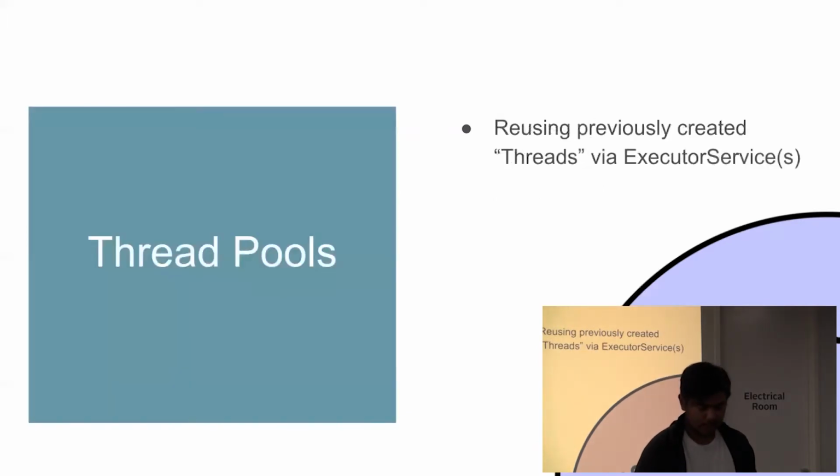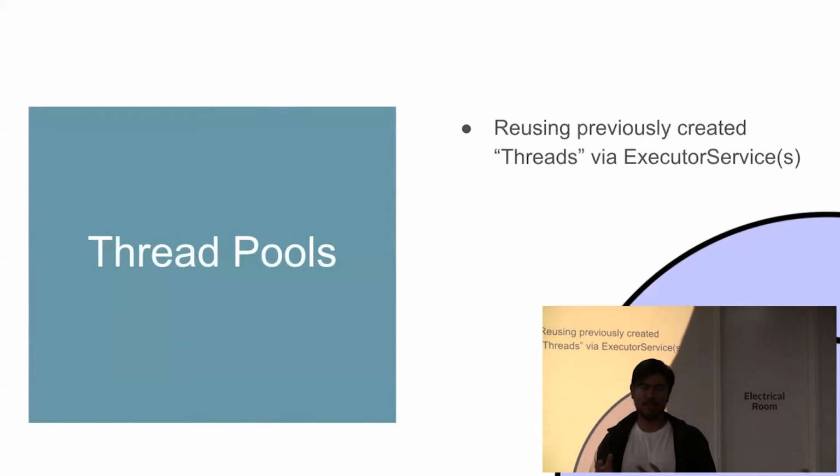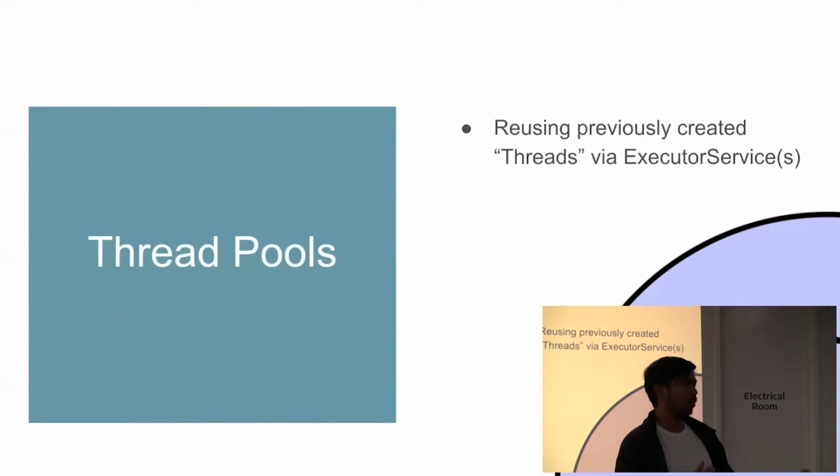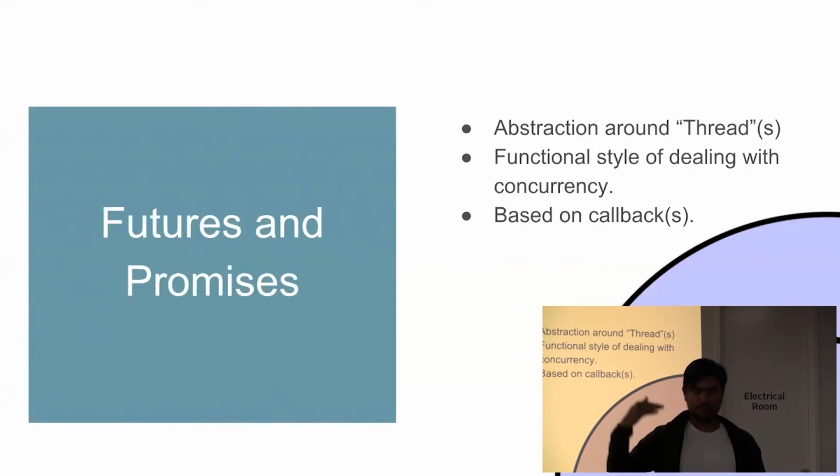Then we have some abstractions around that with thread pools, where you spawn an army of threads and reuse them over time. This is a good idea because, remember, we're spawning native threads, which have a huge memory footprint. Further in the abstraction, Java has futures and promises, including completable futures.